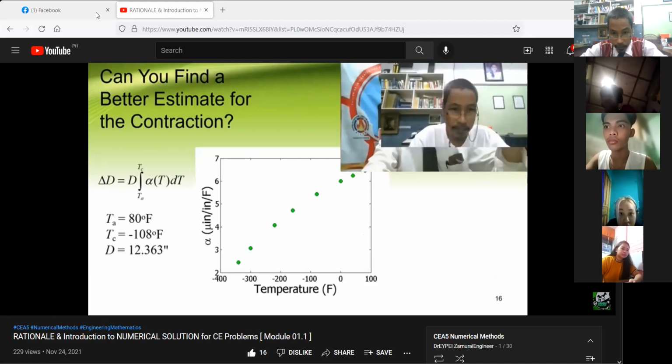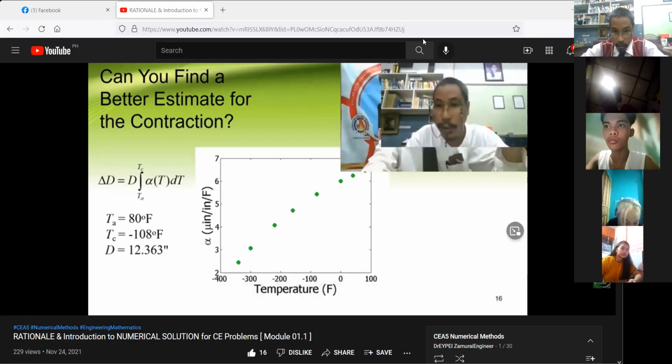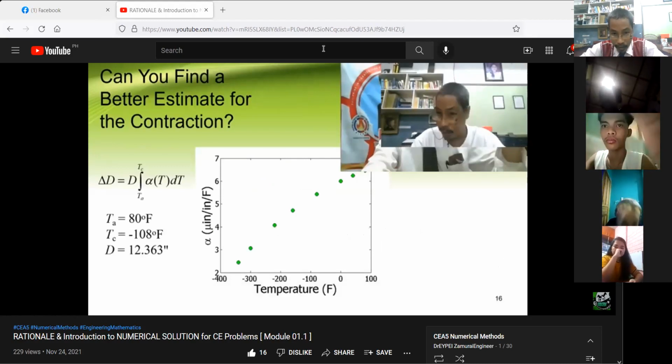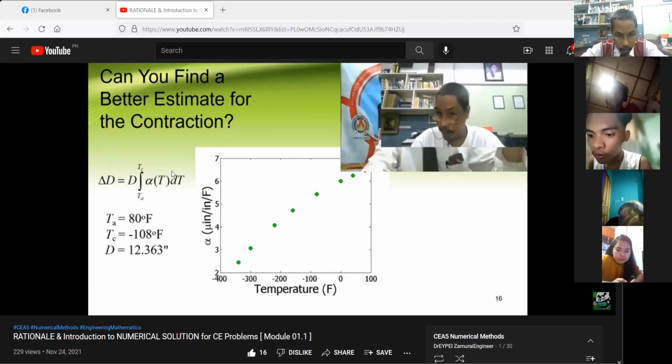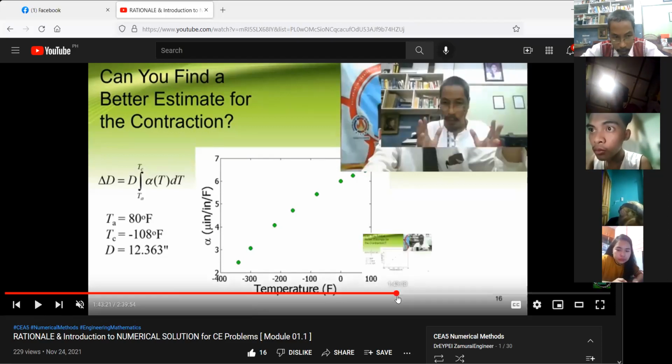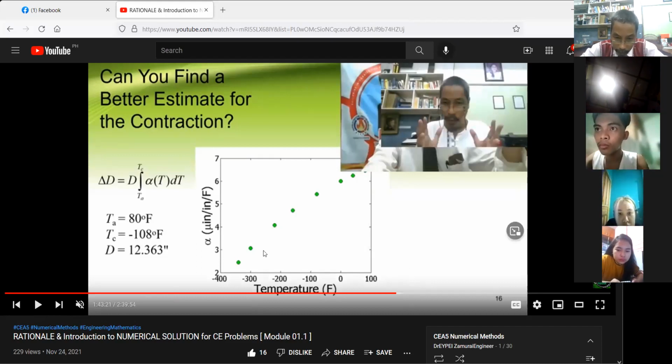So you can see we don't know the amount of thermal coefficient at what temperature? Here, at 108 degrees Fahrenheit. We don't know. We can look it up on this graph, about here.